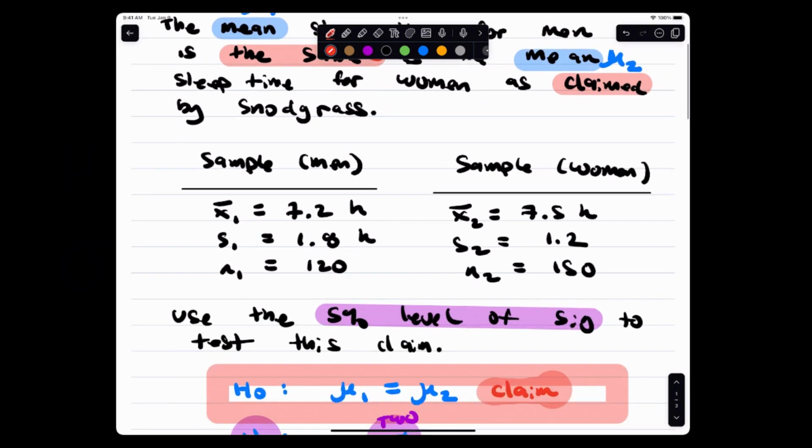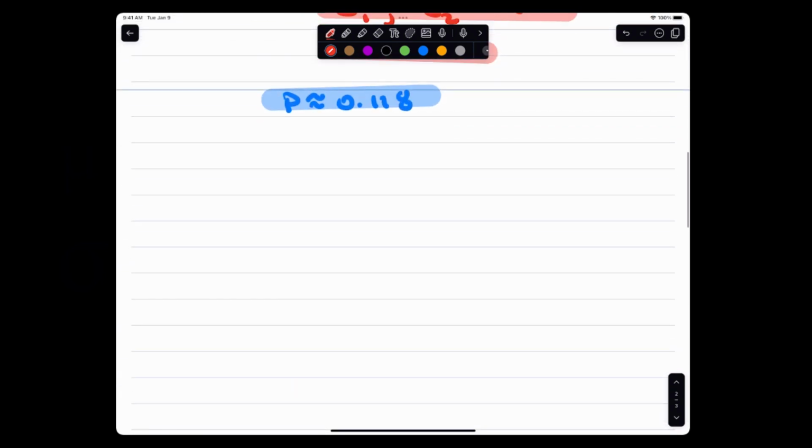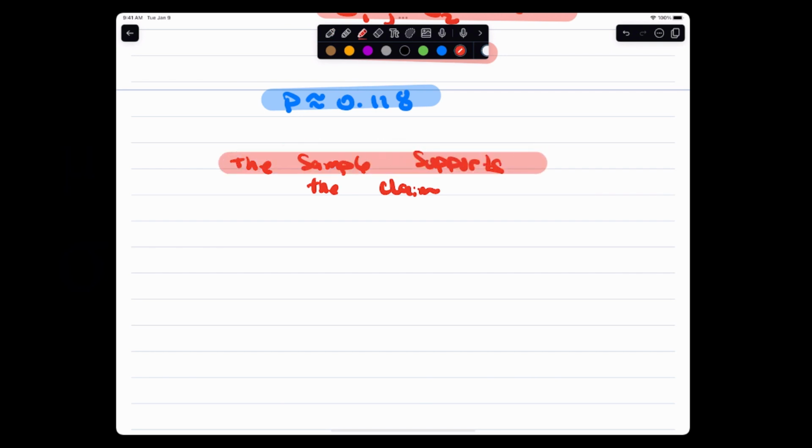Your conclusion: the sample supports the claim. There it is. Easy peasy lemon squeezy.